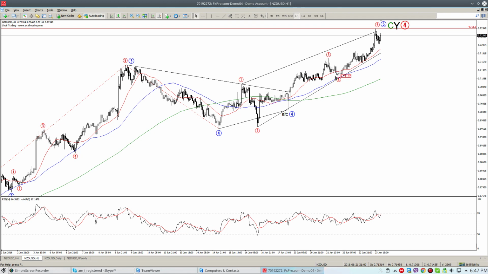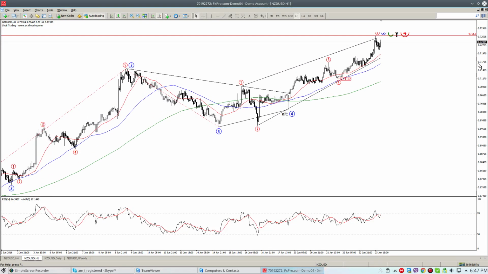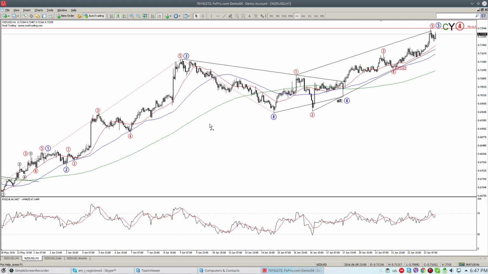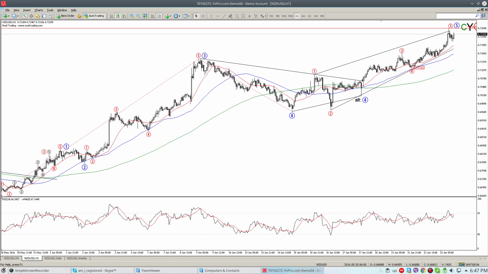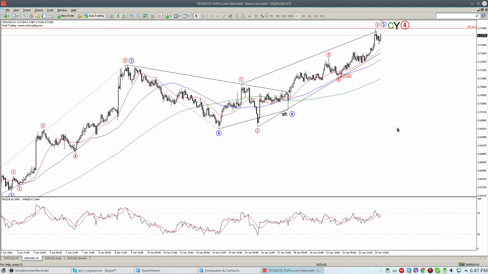Then we have a clear ABC here and an ABC up here, and what you see here is the Fibonacci expansion of the distance traveled from wave 0 to 3, expanded from 4, which is a very common projection for wave 5, and we see the 61.8, and we see that we are already there.